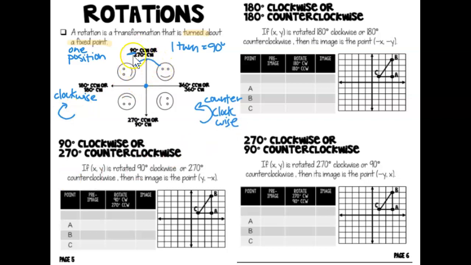So one turn this direction is 90 degrees counterclockwise. Another turn would be another 90, or 180 degrees counterclockwise. Then finally 270 degrees counterclockwise, 3 turns, and then back to the original, 360 degrees counterclockwise.